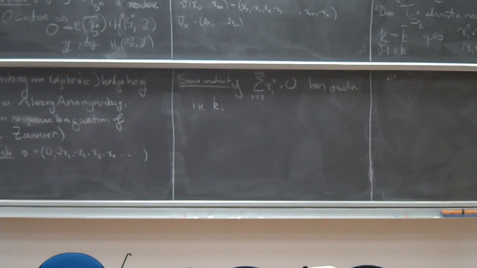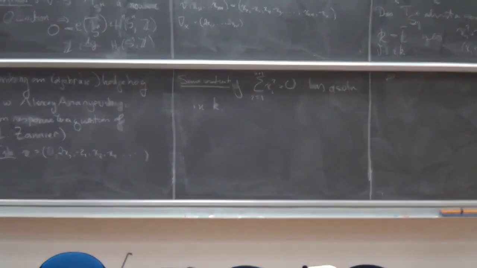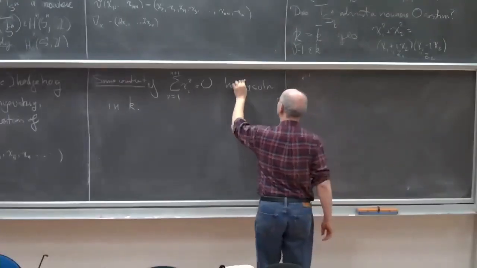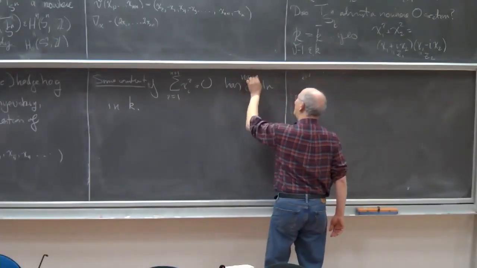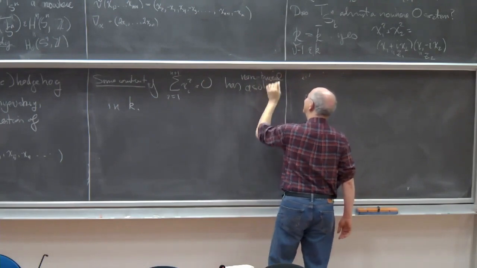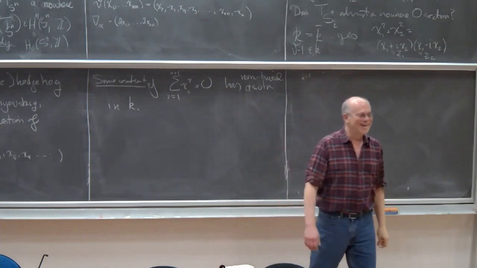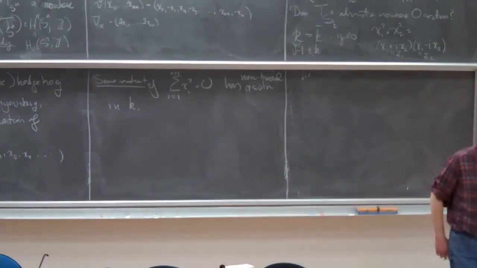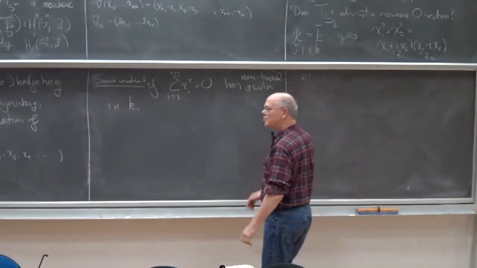If the quadratic form represents 0, that is, has a non-trivial solution, then you can always change coordinates so that the first two terms, instead of being x squared, are just z1 z2.